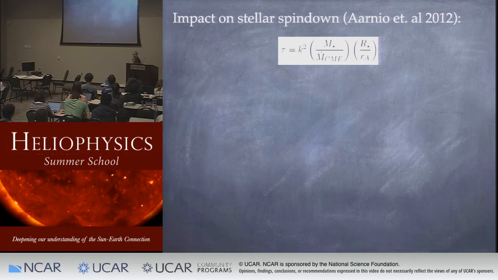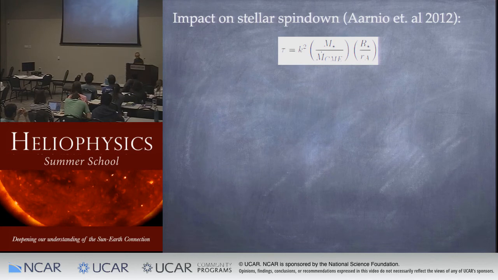Now, another thing to think about is this effect in the context of the Faint Young Sun paradox. Remember, we need to look for some process that will take a lot of mass. So the mass loss rate of young stars that spin fast and are very active should be very high, because we need to lose 10% of mass within a relatively short time to explain the Faint Young Sun paradox. And just to remind you again, these young active stars that rotate fast tend to have their activity at higher latitudes.